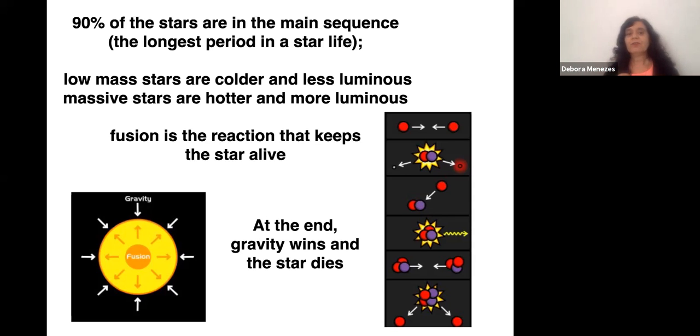So as far as there is fuel to fuse, this is the mechanism that makes the star alive. However, when the fuel ends, then gravity wins, and there is this strong gravitational collapse.